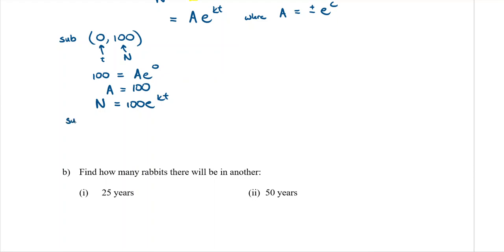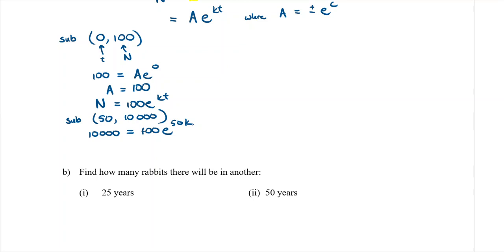So now I'm going to sub in that if t is 50, I have 10,000 rabbits. So n is 10,000 equals 100 for the a, e to the k times 50, or 50k. And I have to solve that equation.